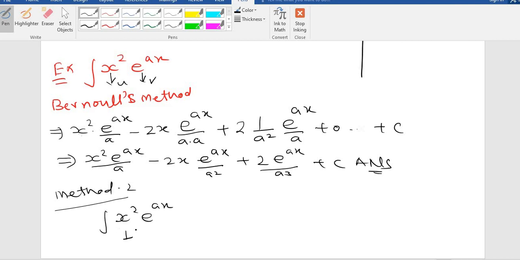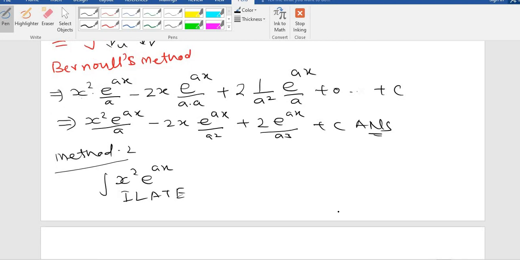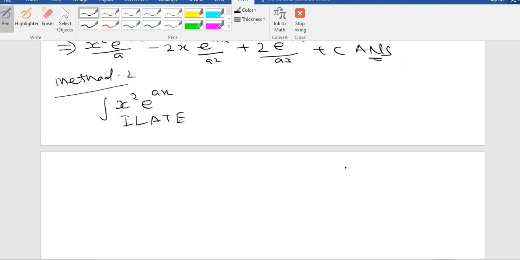So you have to use the ILATE rule. ILATE means inverse, then inverse function, L logarithmic function, A algebraic. So x square is the first function. So write a table here: x square, and obviously e power ax is second.